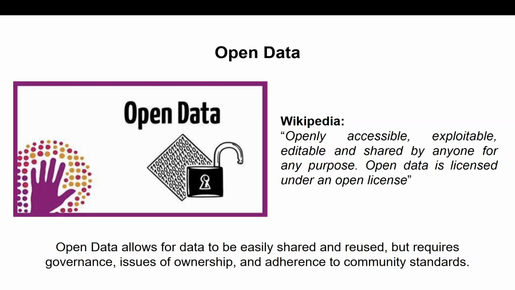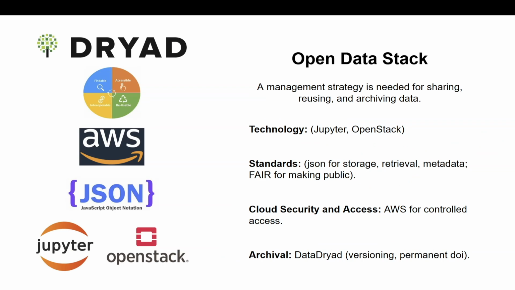Open data allows for data to be easily shared and reused, but requires governance, issues of ownership, and adherence to community standards. Part of open data is producing data sets for public consumption.